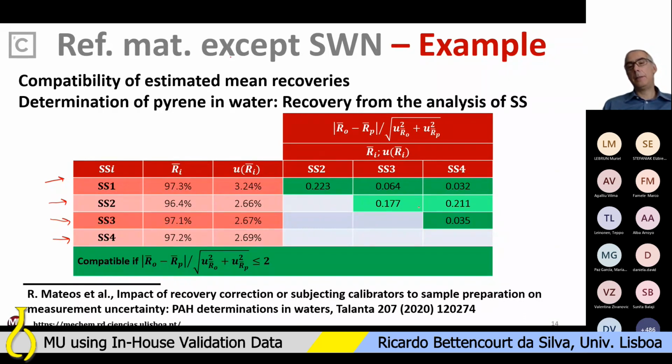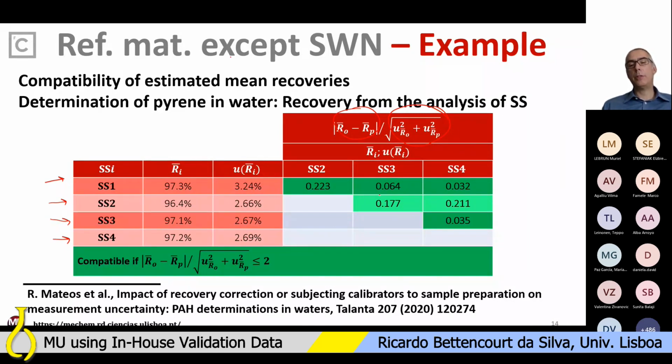And in this slide, what you see is the ratio between the absolute value of the difference of mean recoveries, okay, divided by the standard uncertainty of the difference of the mean recoveries. If this ratio is larger than 2, the mean recoveries are not compatible.